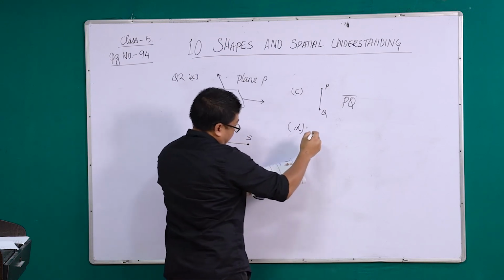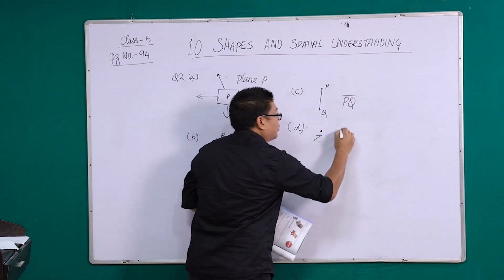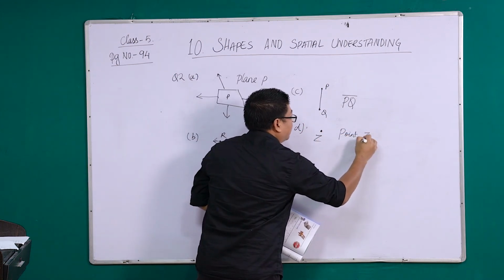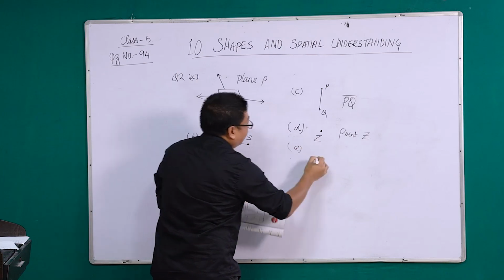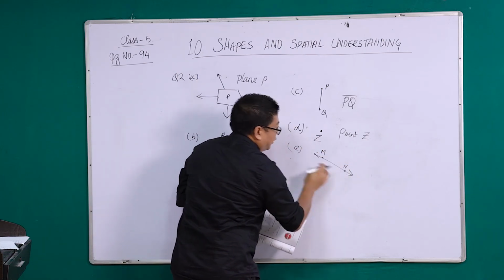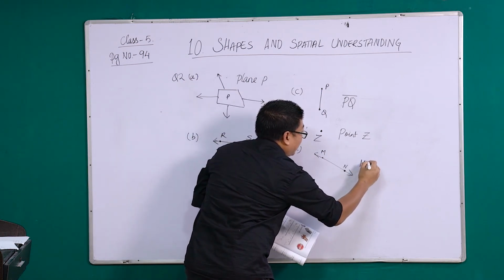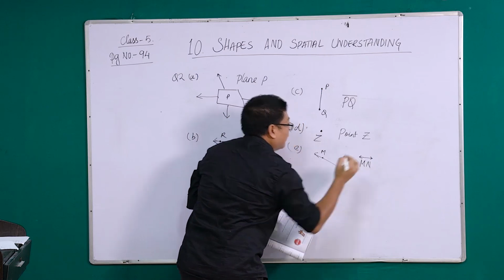And they want us to name this. So we know that this is a point, so we can write point Z. And finally, they have given us this. We know that this is a line, so we will indicate this as line MN.